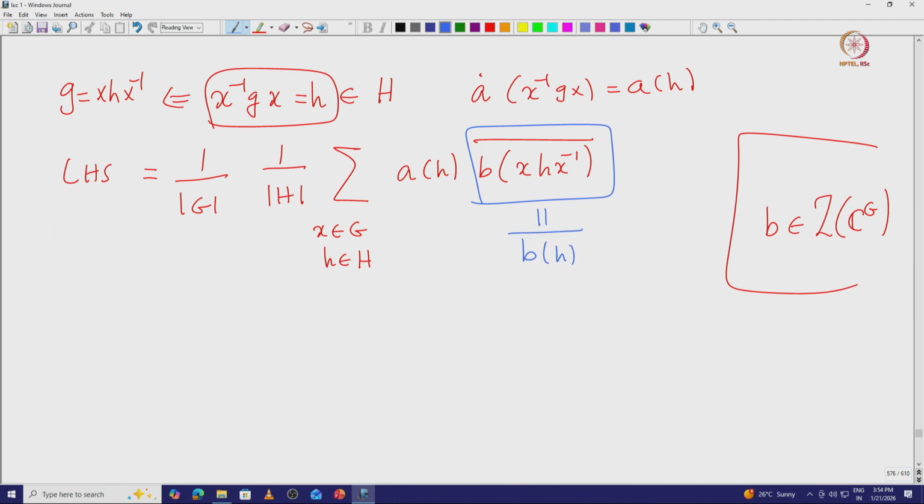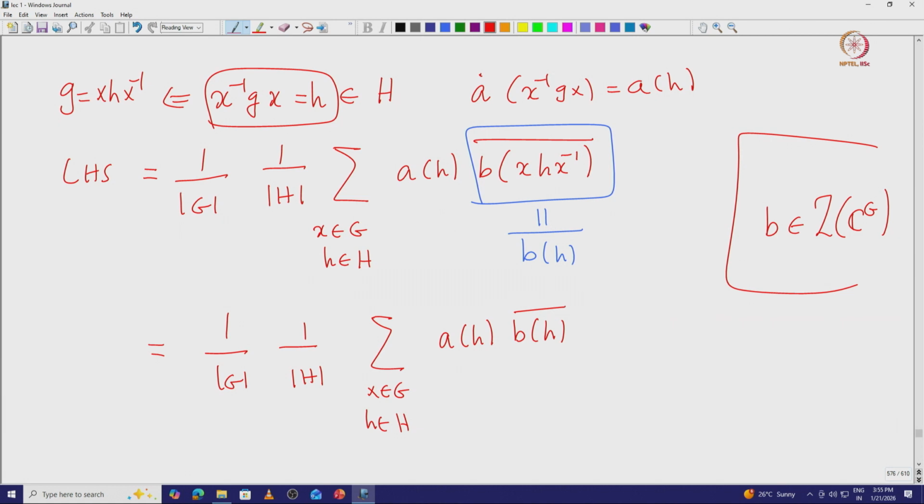So, we can substitute that there. Then this is equal to 1 divided by the cardinality of G, 1 divided by the cardinality of H, summation x in G and then h in H, a of h times b of h bar.